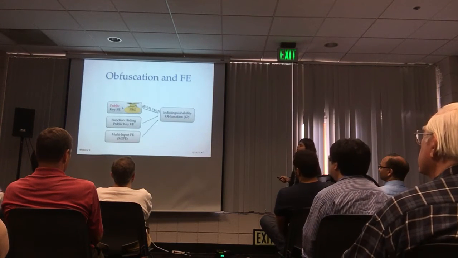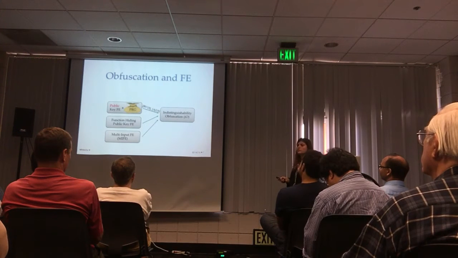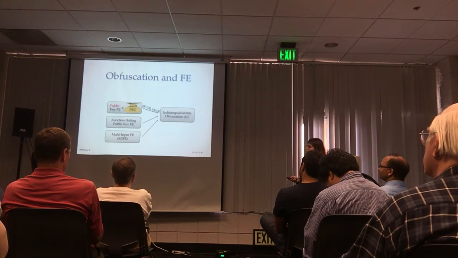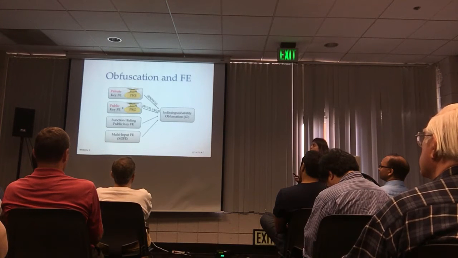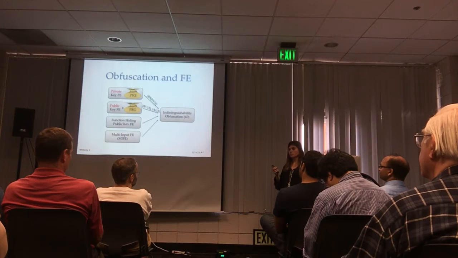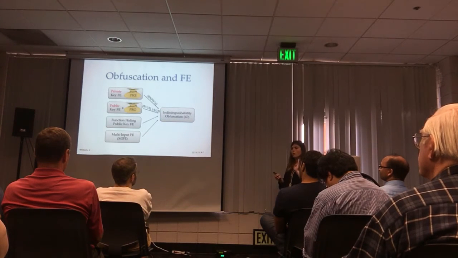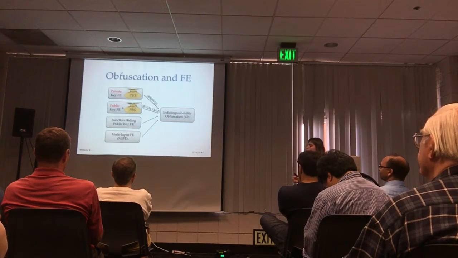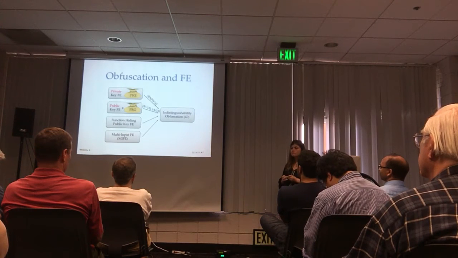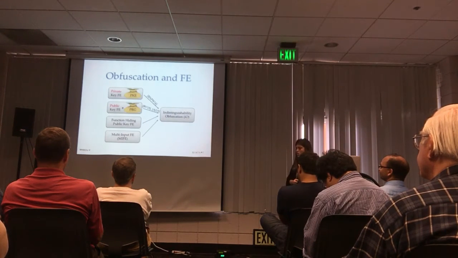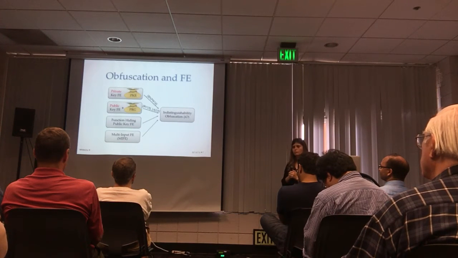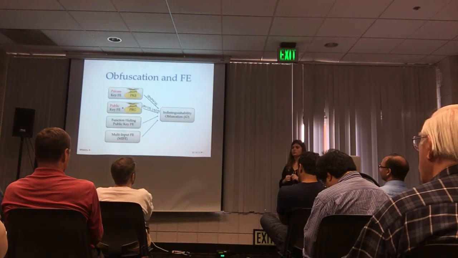Of course, we have to have a bag of tricks that are more complicated constructions than what I showed you. And also a very, very recent work shows us that private key functional encryption, single input, is also sufficient in order to construct obfuscation. All of these things, what they are telling us is that if we want to think about the construction of obfuscation, we might as well think about construction for functional encryption.